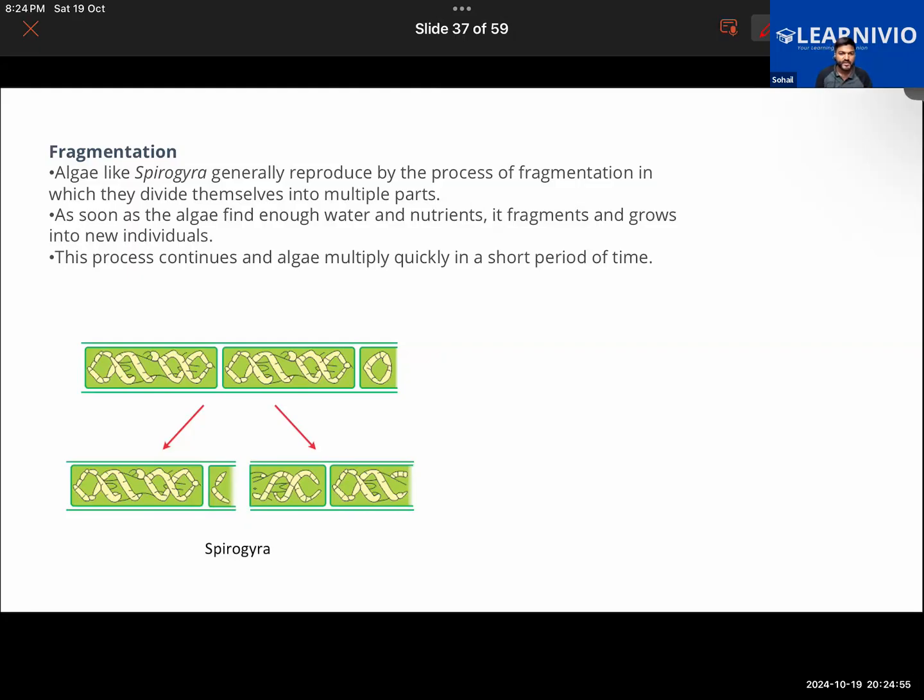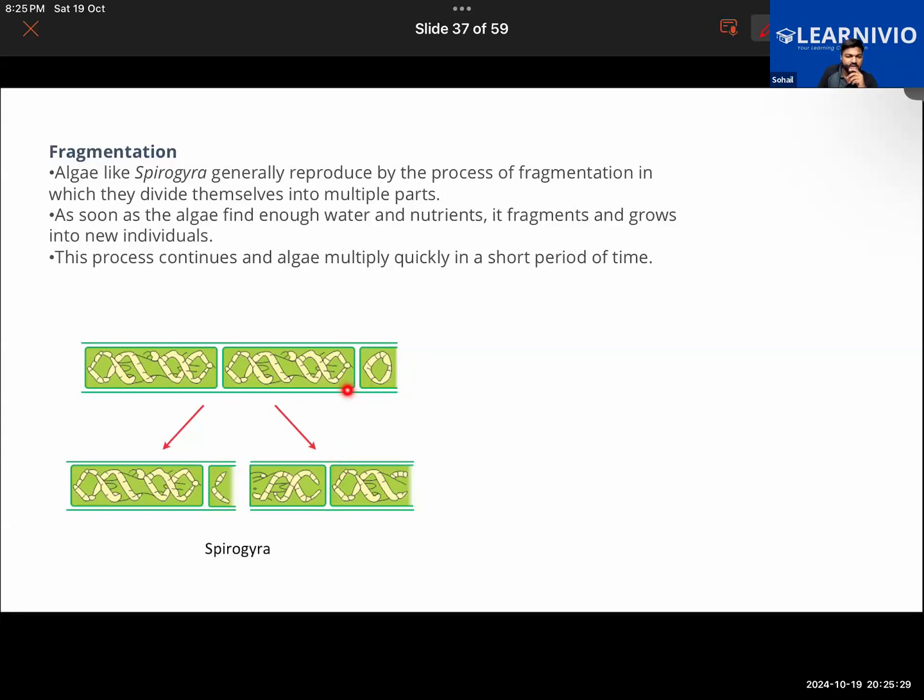Many times you would have seen that in water bodies, algae grow uncontrollably. They grow in a rapid manner, and their growth is very difficult to control. When an alga like Spirogyra gets enough water and nutrients, its fragments will start to grow into new individuals, new organisms.